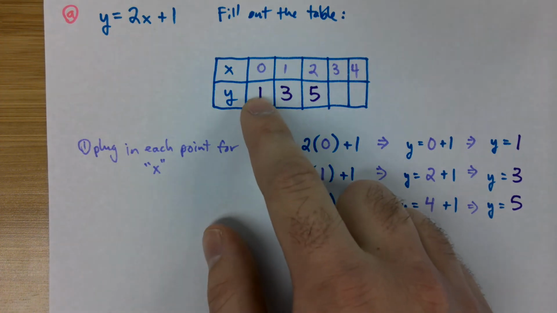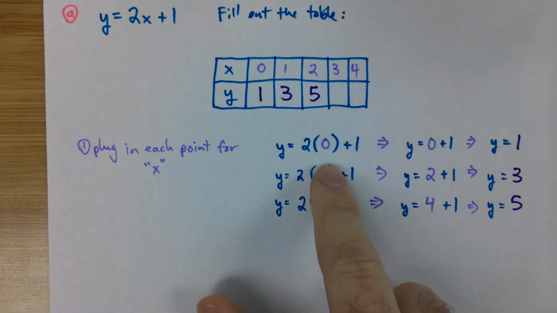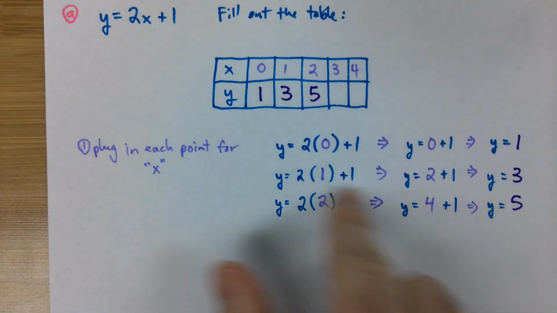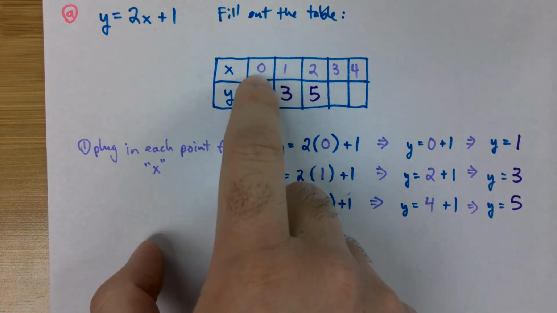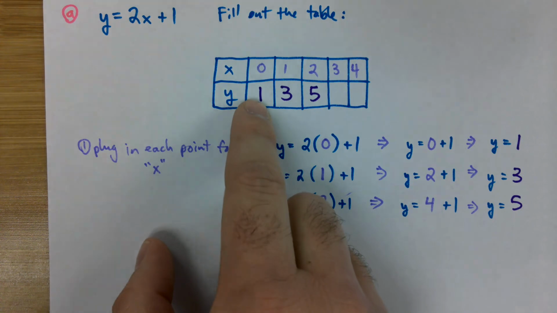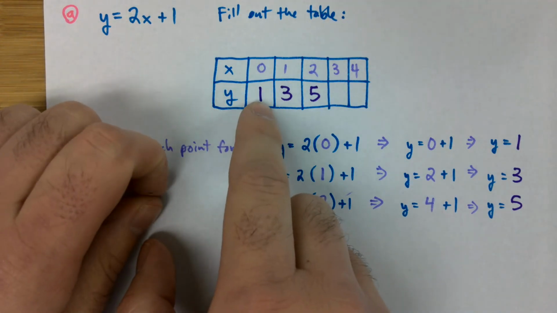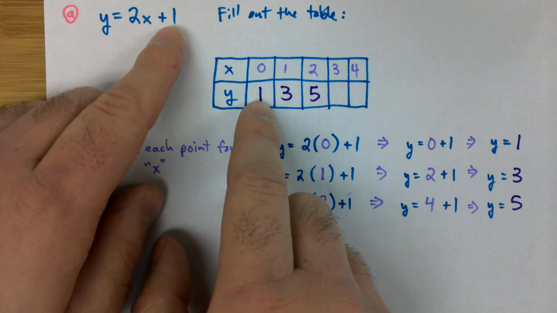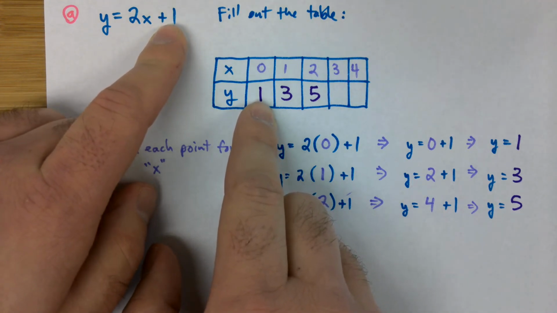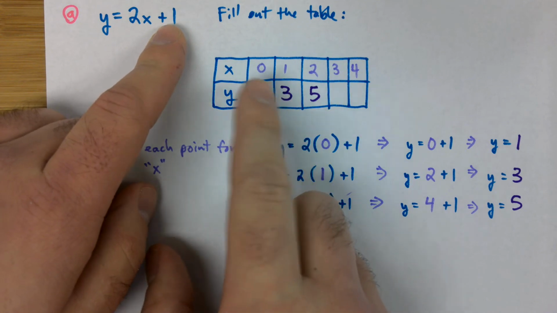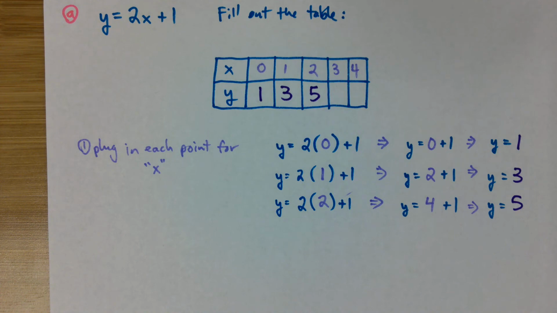We could have used our change in y. Matter of fact, we didn't need to do any of this math. When x is equal to 0, that tells us what our y-intercept is. As you can see, our y value here was 1. And in our equation, our b value, or our y-intercept, is 1. To get from 1 to the next point, we need to know what our change in y is.